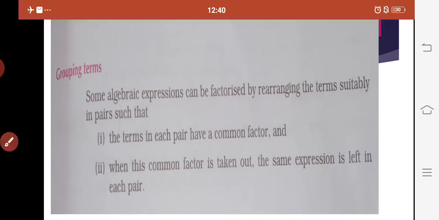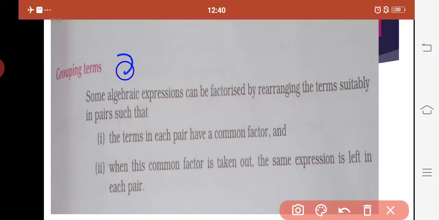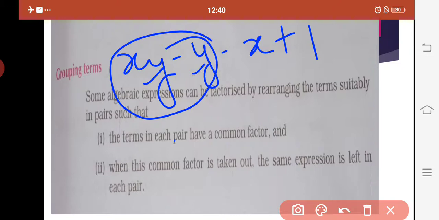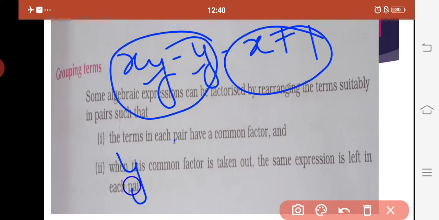Now the second step is that when this common factor is taken out, the same expression is left in each pair. For example, if we have xy minus x plus 1, now here see, this is also y, this is also y. I'll be telling you the two ways. Either we can take this one group and the other this whole. Now if I take y as common, we will be left with x minus 1.